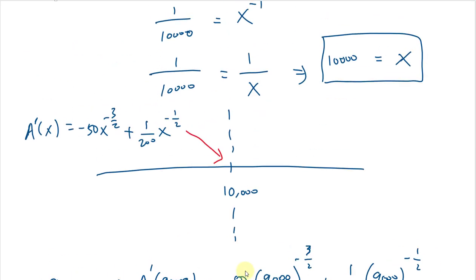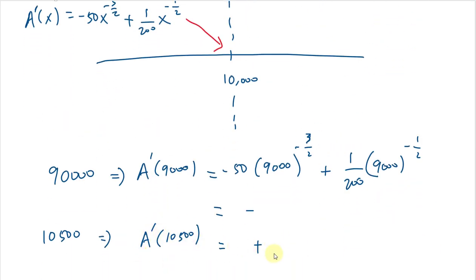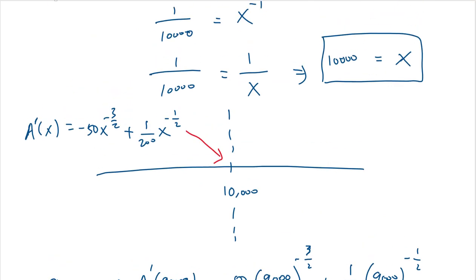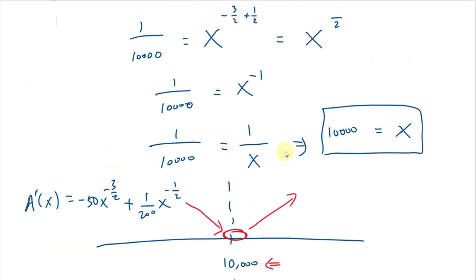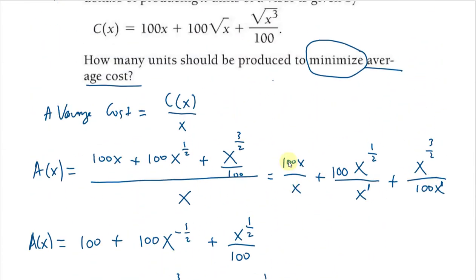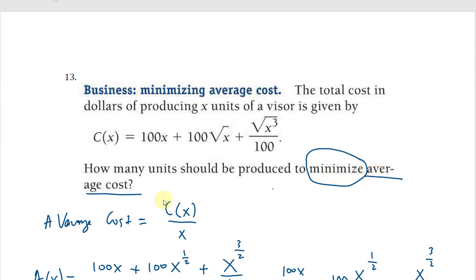And I know that if my A prime is positive, then my function is increasing, the slope is going up. Okay, so we do have a local minimum in this case, going down and going up.